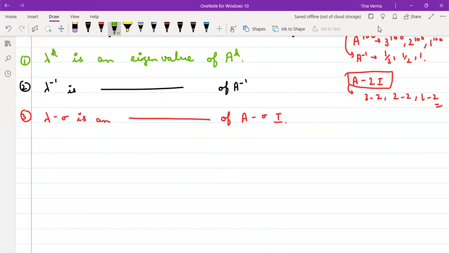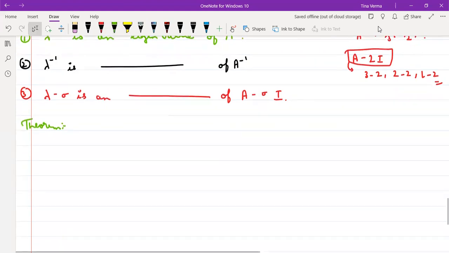Next, we will just state one theorem. We will not do its proof, right? This theorem we will use to find the closest eigenvalue of some matrix to the specified number, right?